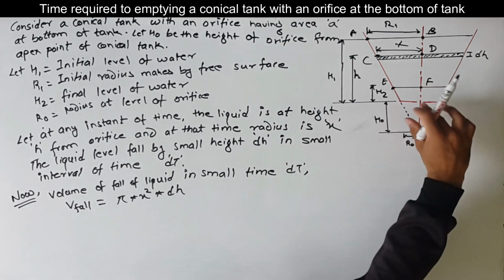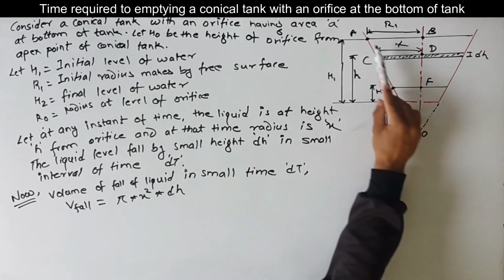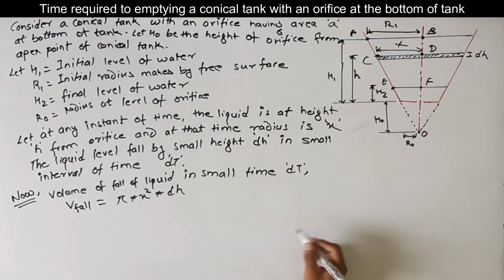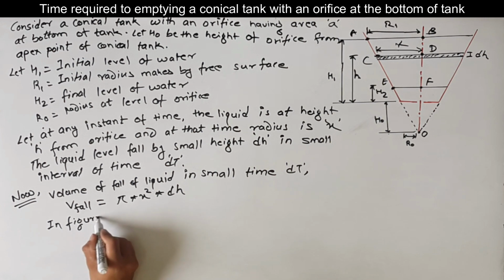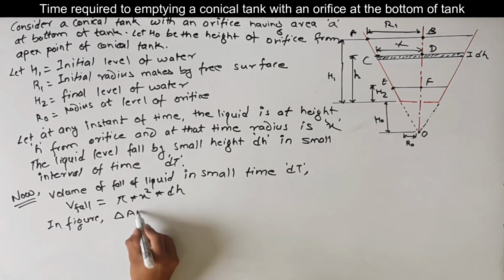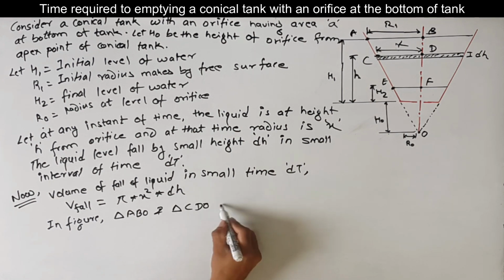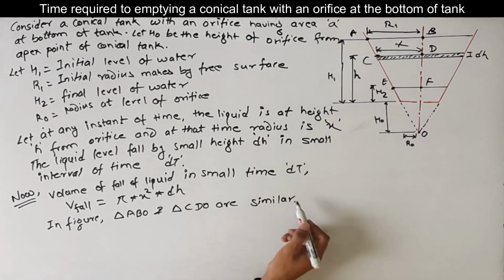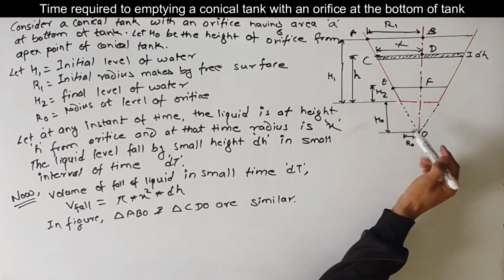We can see here similar triangles. Here ABO and CDO are two similar triangles. In the figure, triangle ABO and triangle CDO are similar. We know in similar triangles the sides are proportional.